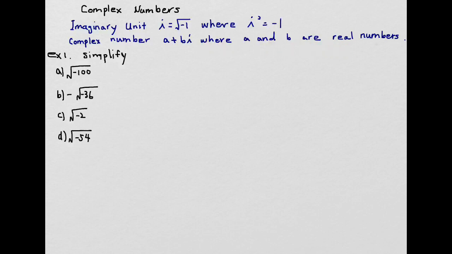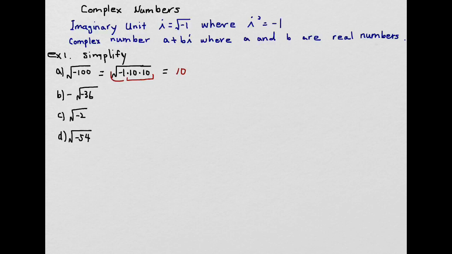So remembering that, let's see if we can simplify example 1. Example 1a, I have the square root of -100. We know that the square root of -100 is the same as the square root of -1 times 10 times 10. This can be 10 times 10, two of the same number, so you can bring it outside.